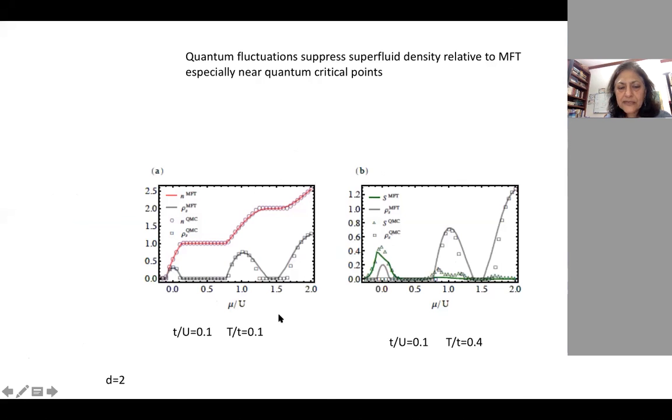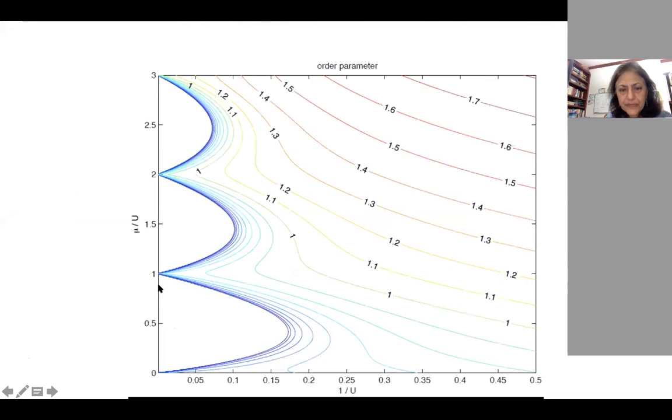We left off last time with this plot, a cut through the phase diagram, mu over U versus t over U. Let's say I get these Mott lobes and I take a cut like this as a function of mu over U at some fixed hopping. Clearly I'm going to make transitions from a superfluid to a Mott back to a superfluid.